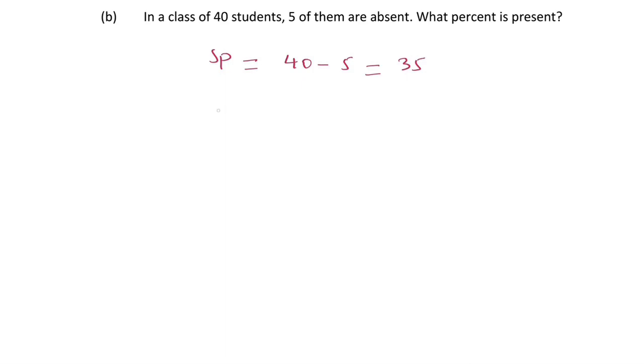Next, for the percentage we are going to take 35 over total number of students, which is 40, times 100, of which after solving the values we are having 87.5%, and that is going to be our answer.